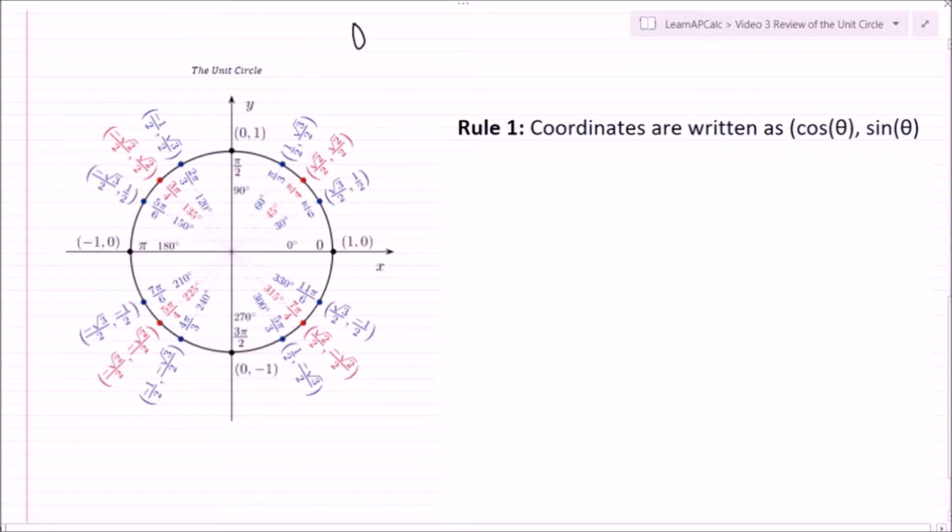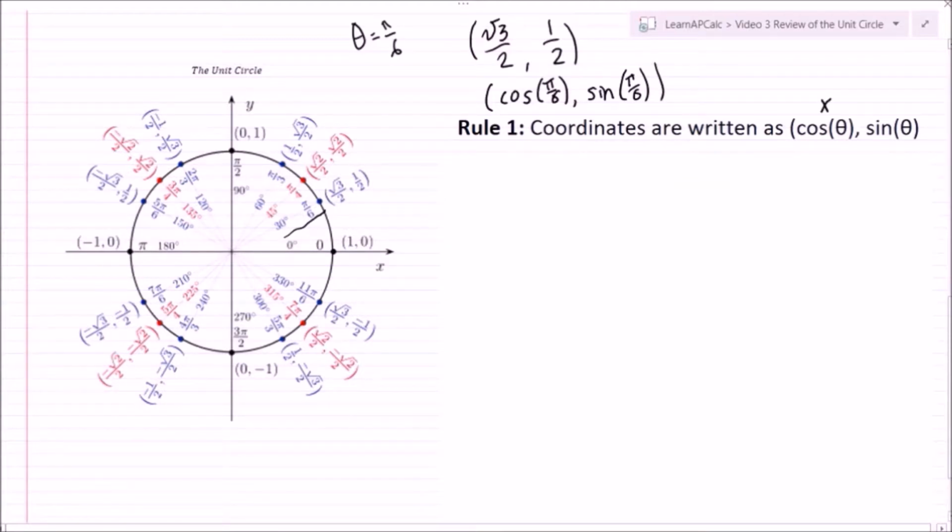So here at theta equals pi over 6, we have this coordinate, root 3 over 2, comma, 1/2. And all this simply means is that the cosine of pi over 6 is root 3 over 2, and the sine of pi over 6 is 1/2.